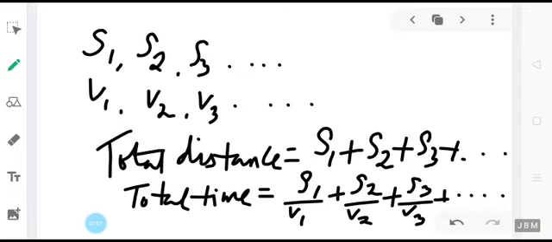We know that speed is equal to distance by time, so time will be equal to distance by speed. So obviously for the first set of value we are having distance by speed as s1 by v1, for second set of value it is s2 by v2, for the third set of value it is s3 by v3 and so on. So now we know the total distance traveled and the total time taken.